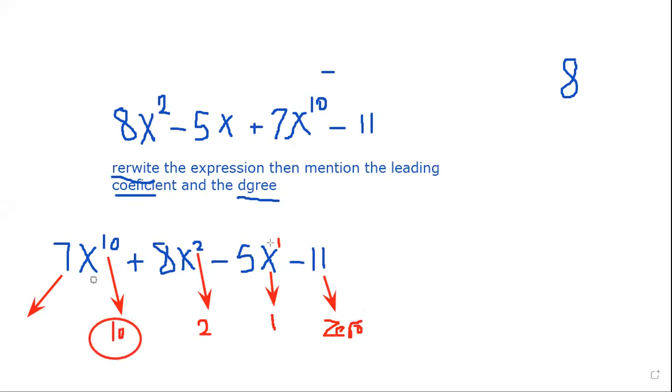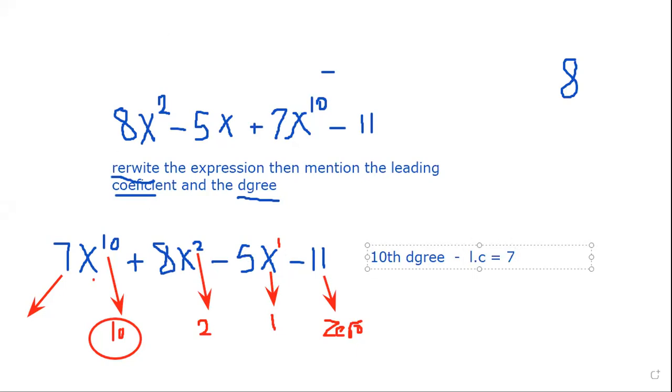So we write the answer according to the greatest power. The greatest power here is 10, so it will be 10th degree. And the leading coefficient equals 7.